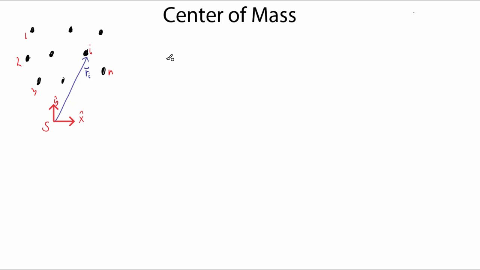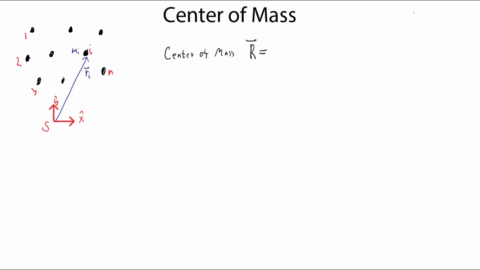The center of mass then is defined as follows. It's the average position, and I'm going to use capital R to indicate the center of mass. The center of mass is the average position of all the particles weighted with their masses. So each particle has a position, but it also, of course, has a mass.